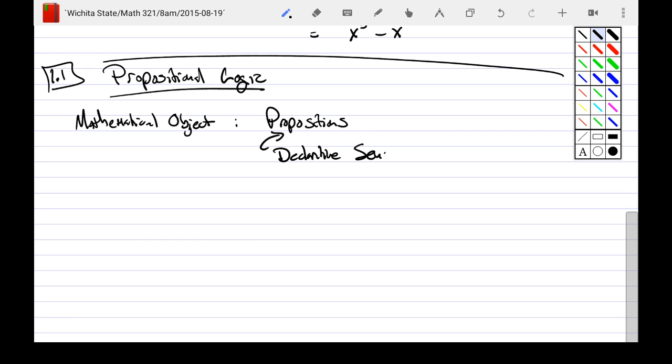It's a declarative sentence that is true or false but not both. Which might seem awkward, but English "or" kind of really points out that "but not both" is kind of important for us to state.